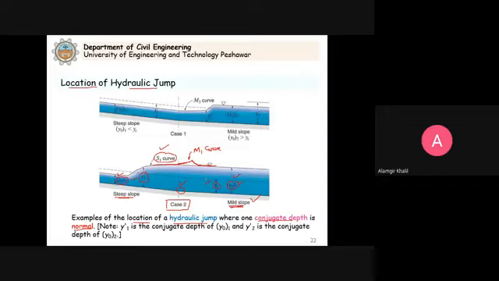This is not possible because M1 is a rising profile. It cannot bring the depth from here to here. So that's why this type of profile cannot occur. This profile cannot occur.